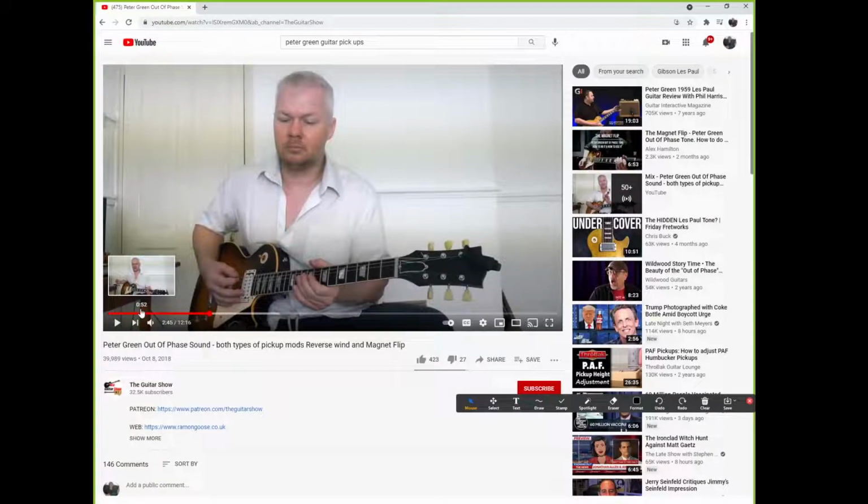Gibson, which is the maker of the guitar, and he is holding a guitar called the Les Paul. He bought it in, I want to say, 1959. It was a 1959 Sunburst Les Paul. That was the first solid body electric guitar.